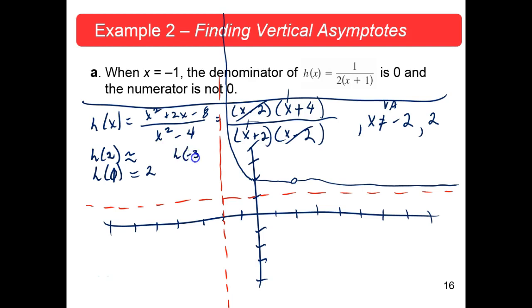H of -3 would be, plug it in there and there. Okay, it'll be 1 on the top, and what's on the bottom? -1. So that's going to be -1. So x equals -3, y is equal to -1.